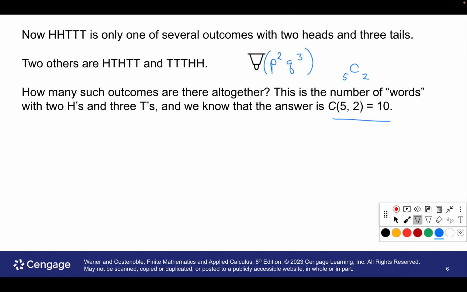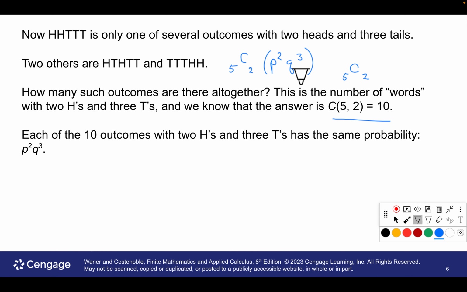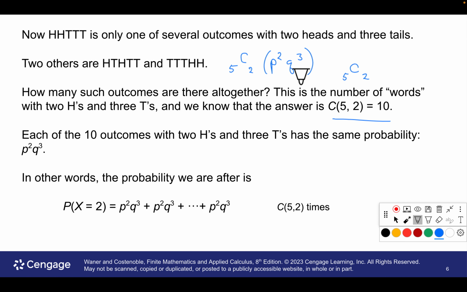So we're going to multiply it by 5 choose 2, which is going to be 10. And because each of these outcomes has the same probability, we're really adding them together.